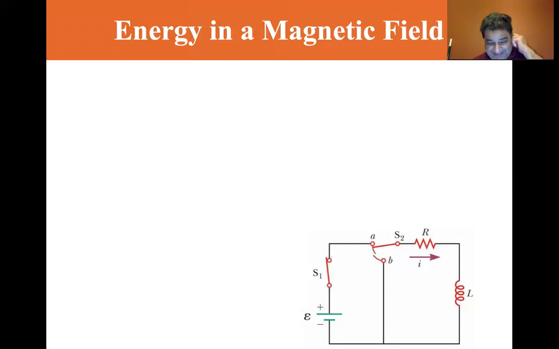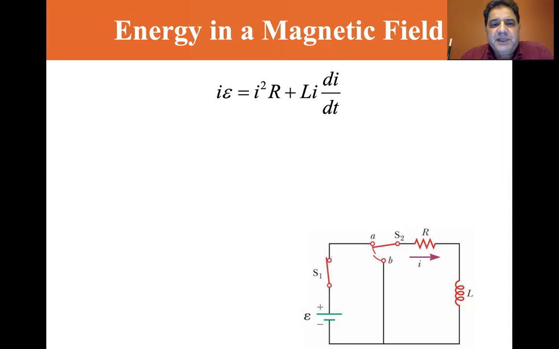Now, if you recall, we started last time with an equation for Kirchhoff's loop, where E minus IR minus L di/dt equals 0, and we're going to use that same equation here. Only we're taking the negative parts to the other side.